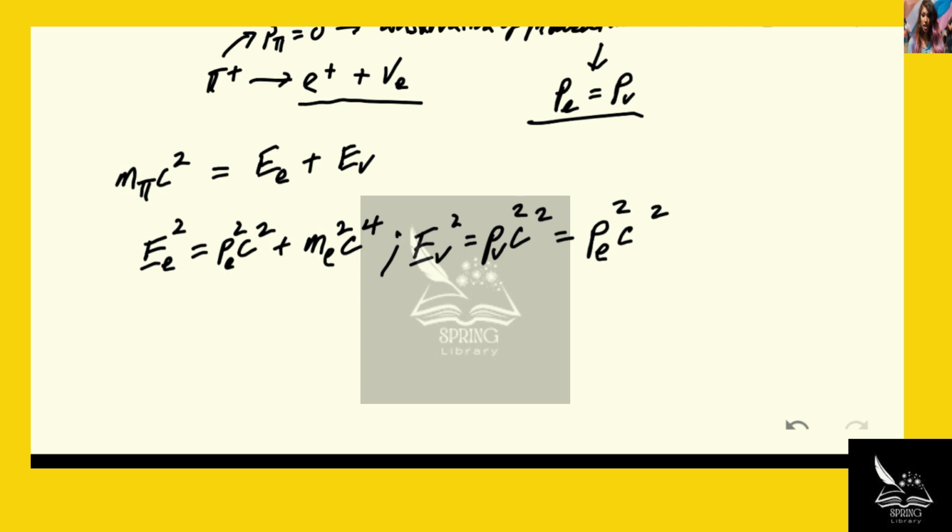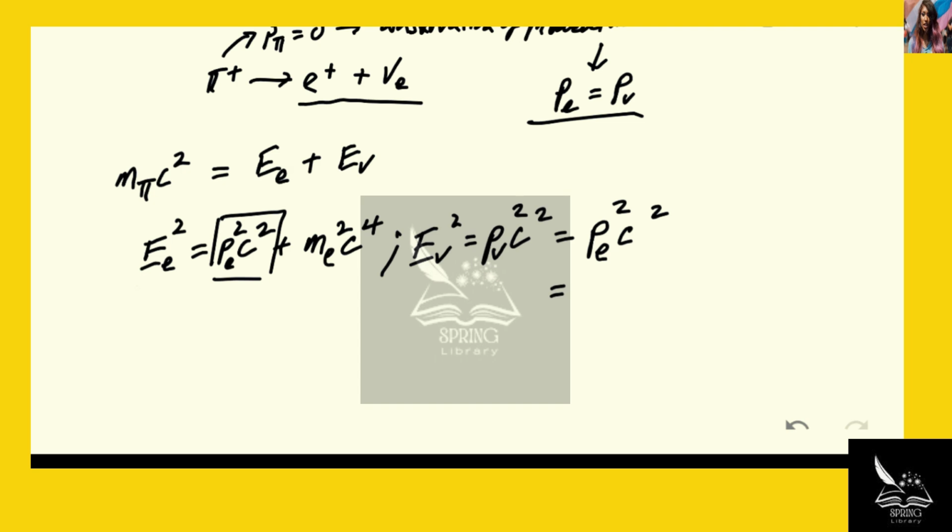Now from here, we can continue to simplify it further by substituting for the momentum of the electron times c squared, by rearranging the equation on the left hand side.